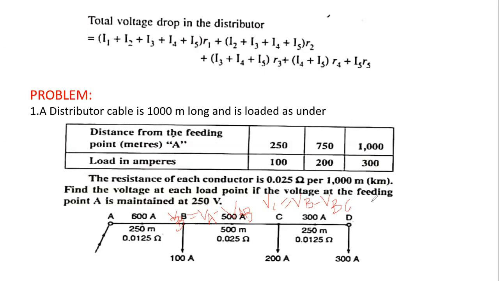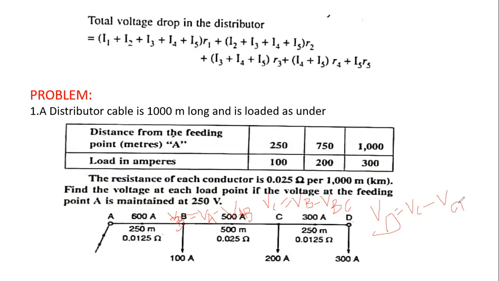Next, we calculate the voltage at point D, that is VD. What is the feeding point for D? That is VC. VD is VC minus VCD.